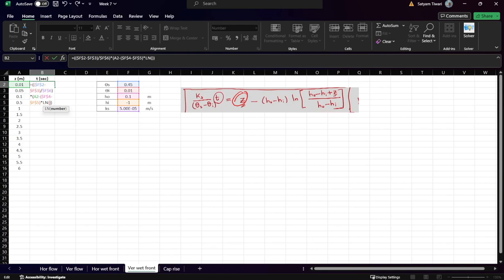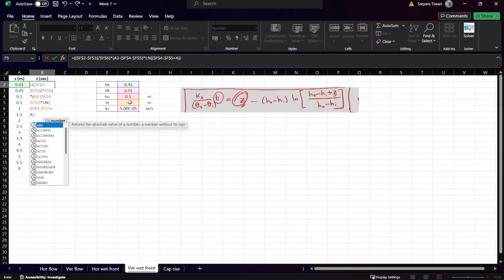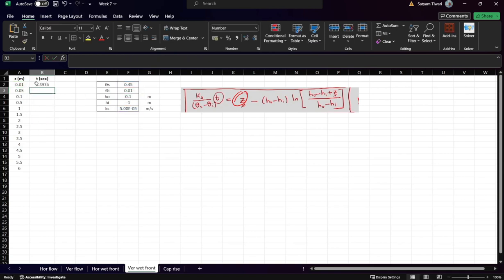So we'll take one more bracket here, h naught, that's going to be this value, log this one, minus hi, that's going to be this value, log this one, and plus the value of z, that's going to be a2. Okay, close this bracket and divided by, let's take another bracket, that's going to be h naught again minus hi, and close this one.